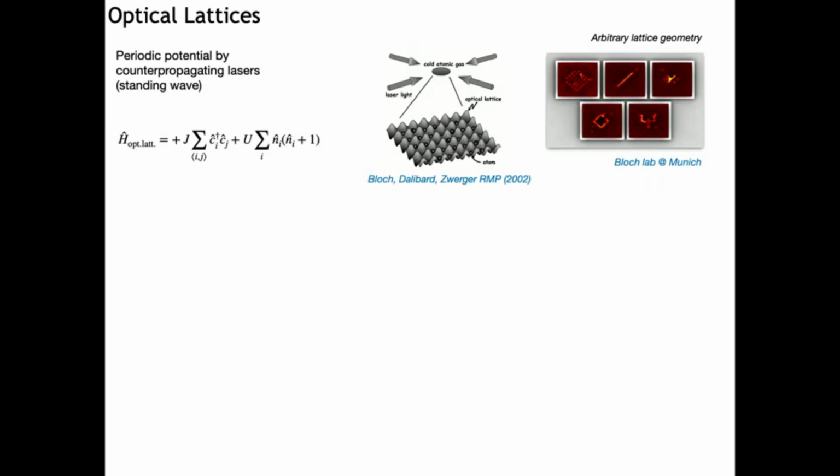And again, the length scales and the time scales are completely different from the ones that we have in solid-state physics. So these are very slow and very large systems, so we can efficiently image the dynamics of these particles. So it's a completely different system, but there is a kind of mathematical mapping or analogy to the Hamiltonians that we would like to simulate, for example, in condensed matter.